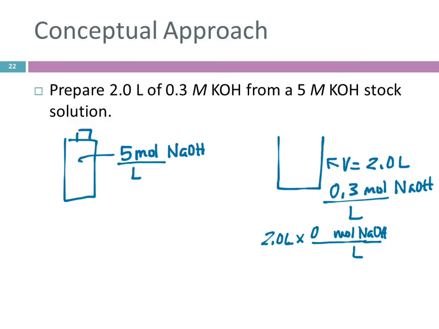I need 0.3 moles for every liter. So that comes out to 0.6, right? So in this beaker, I want 0.6 moles of sodium hydroxide. And then I'm going to add enough water to give me this volume. Does that make sense? A little bit?